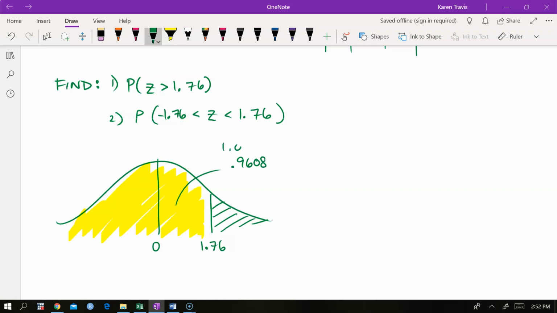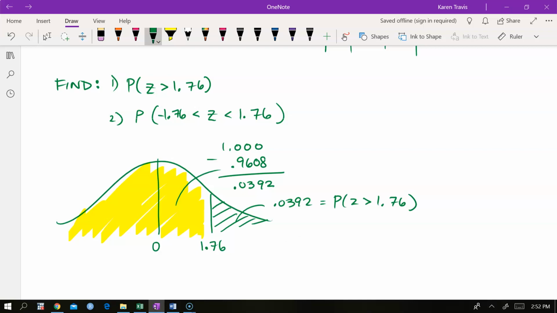And so I need to subtract that from 1, and I will get 0.0392. That's this area. So that is the answer for the chance Z is greater than 1.76.